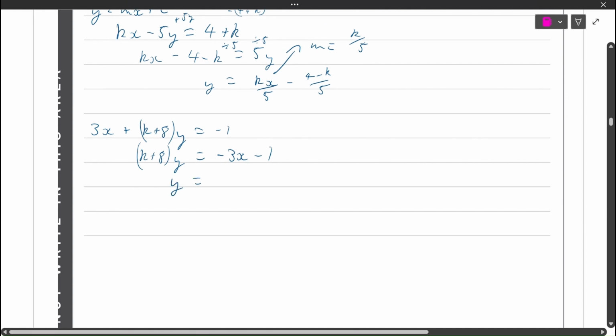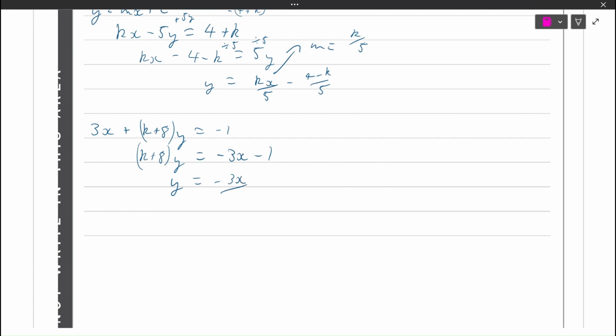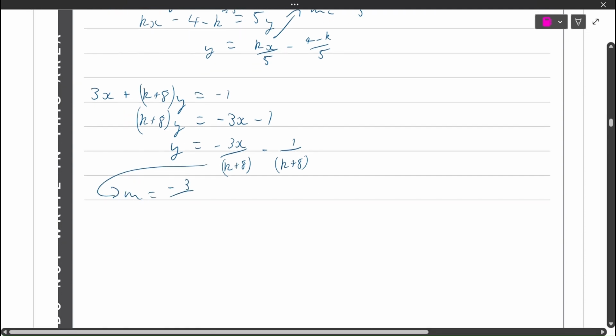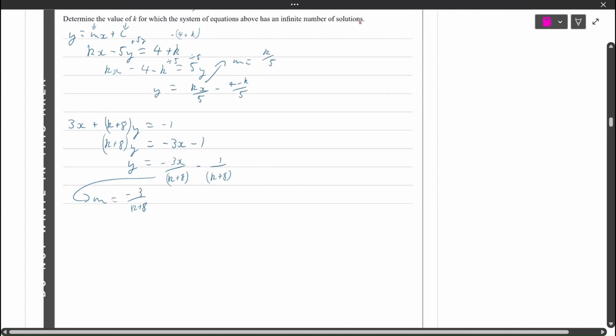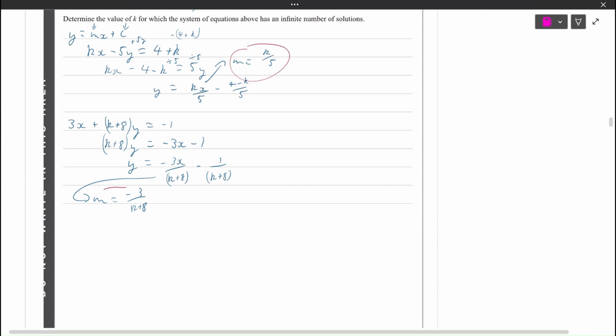So y equals -3x over k plus 8 minus 1 on k plus 8. So this is our m value here. It equals -3 on k plus 8.